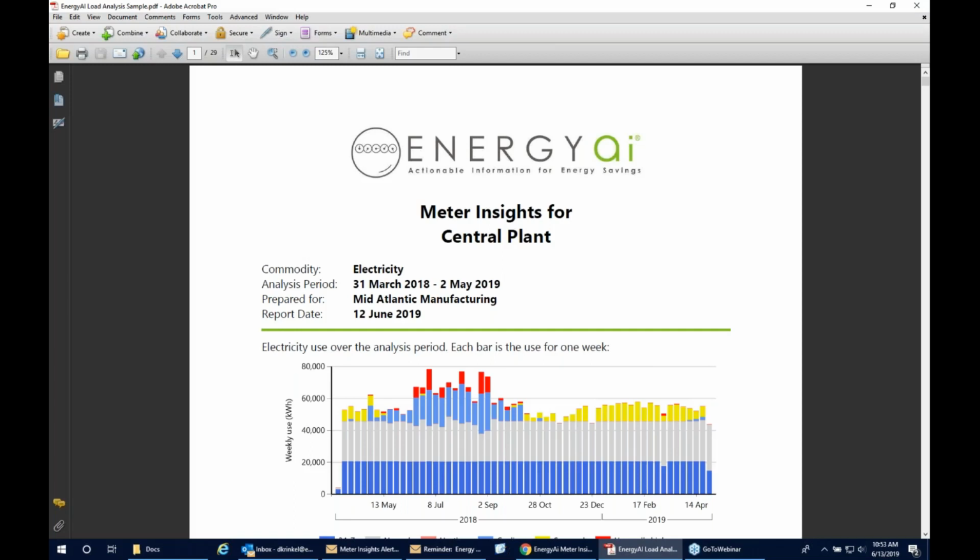Good point. What we usually recommend is if an individual meter has significant load and a specific load, like maybe it's the cooling plant, we recommend doing that individually. The report is basically for a given data set, and typically a meter is a data set.